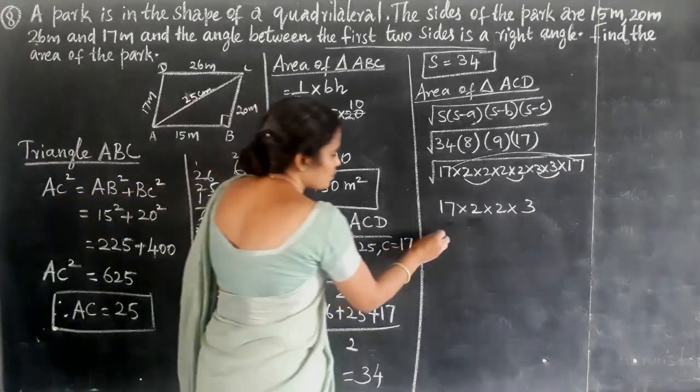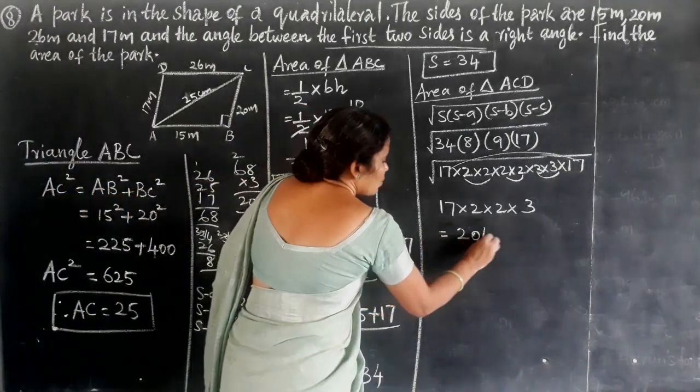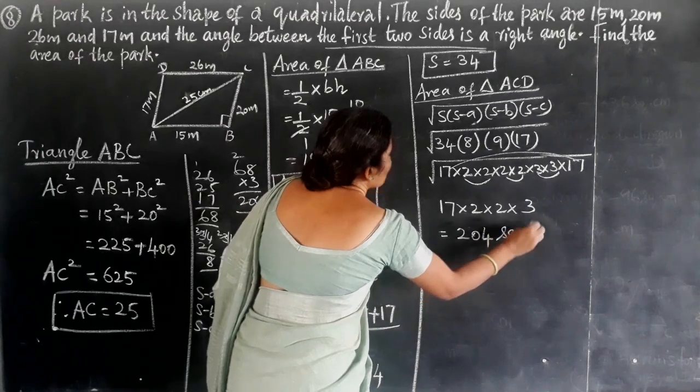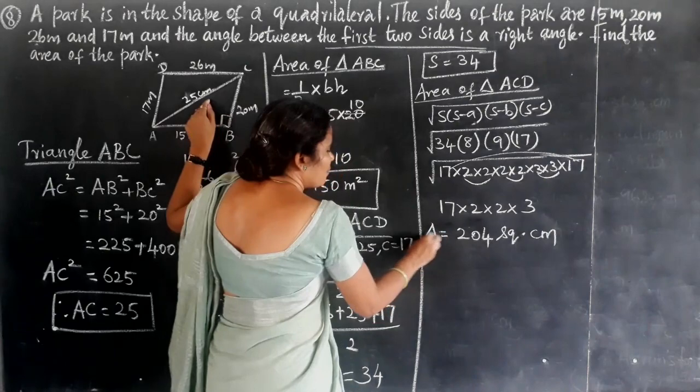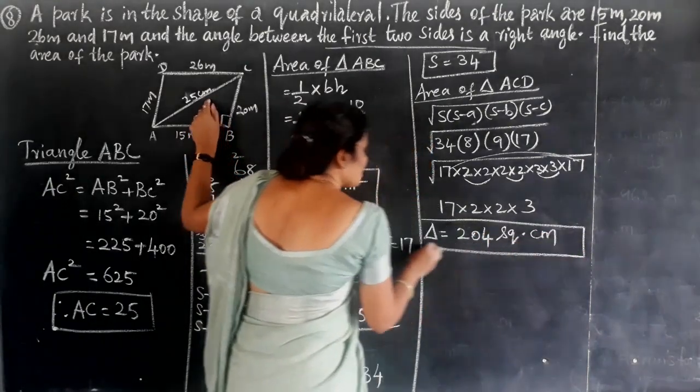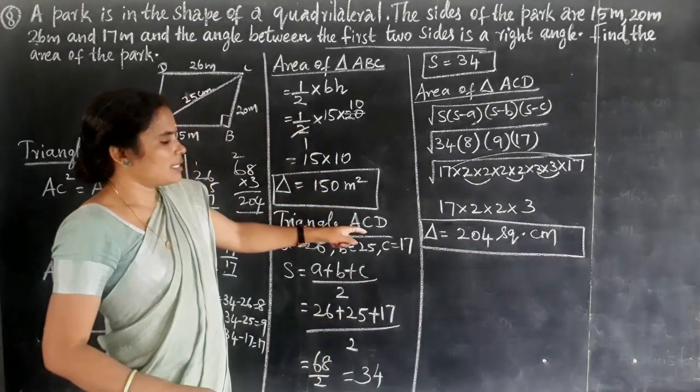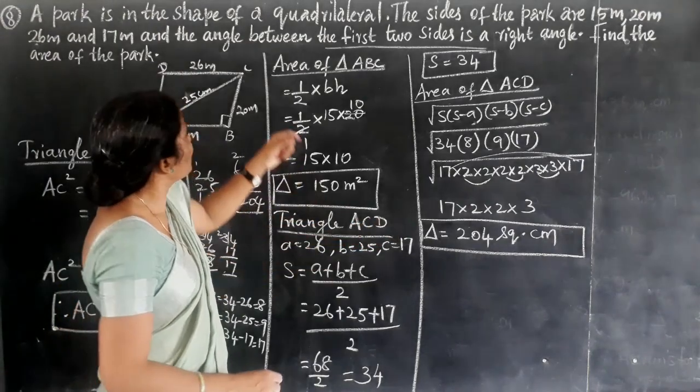So 204 square centimeter. So the area of triangle ACD is equal to 204 square centimeter.